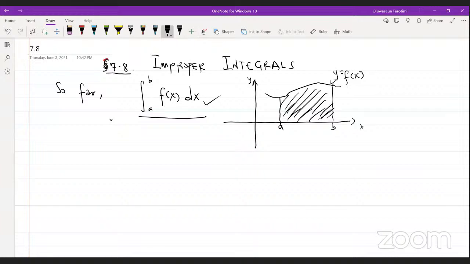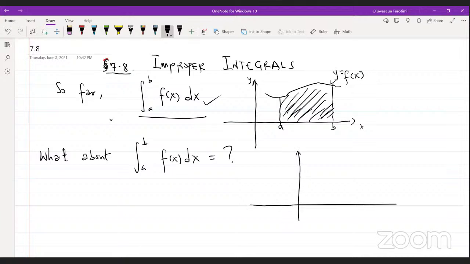We've discussed it. So now we're moving into situations where we might have an asymptote, okay? What about situations where, let me give you an example.